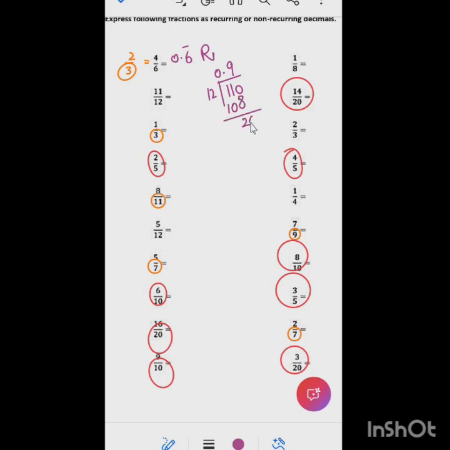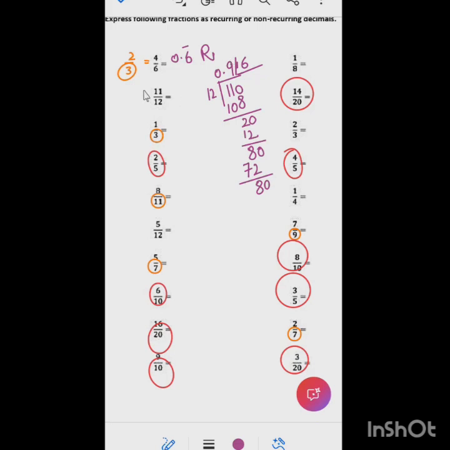Now it's 20, so 12 ones are 12, then we get 8. It will become 80. 12 sixes are 72, now the remainder is 8. Now every time the remainder will be 8. So the value is 0.9 with 6 repeating, 0.91666.